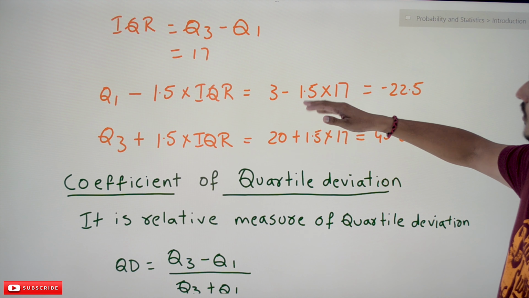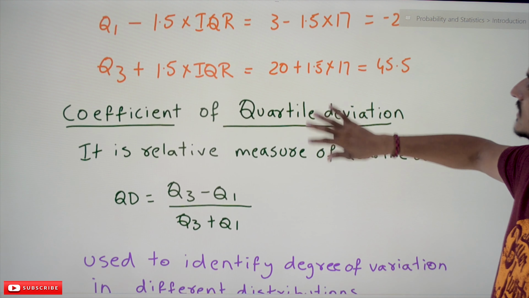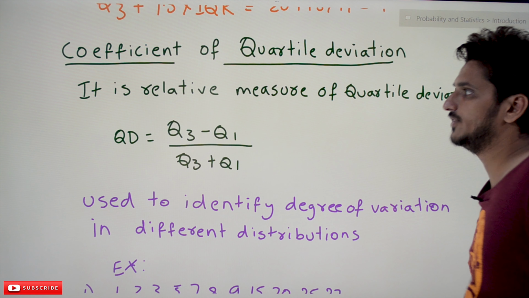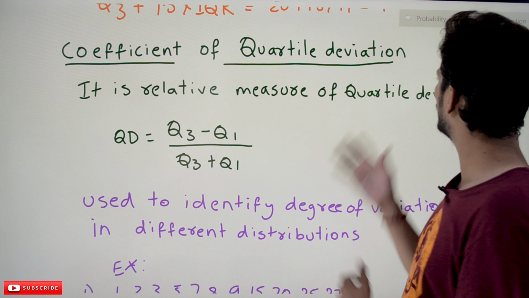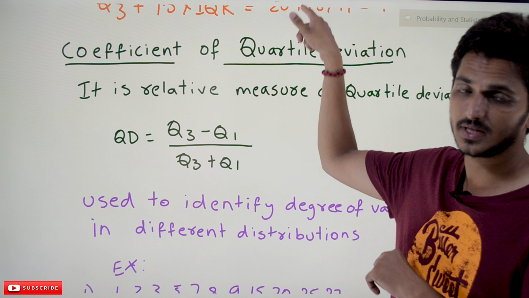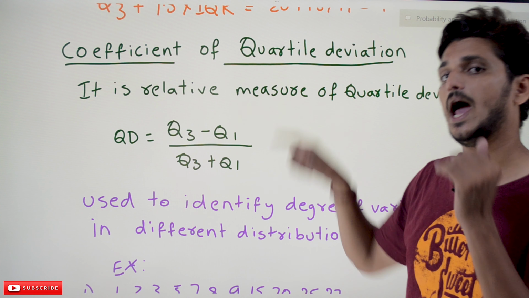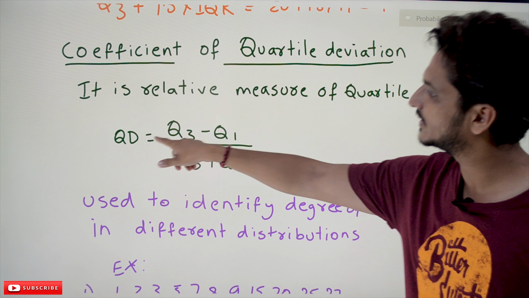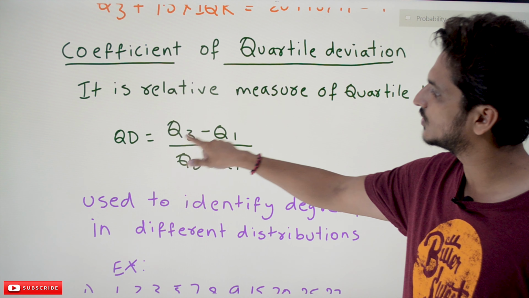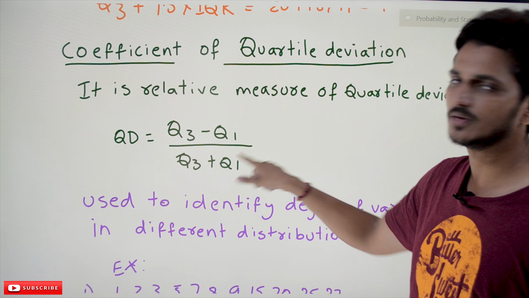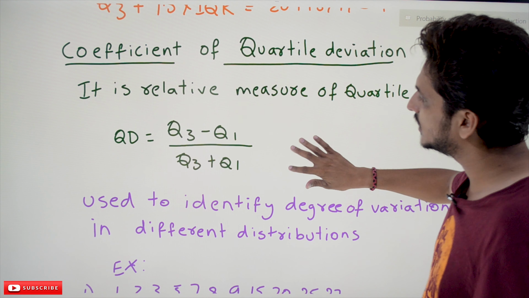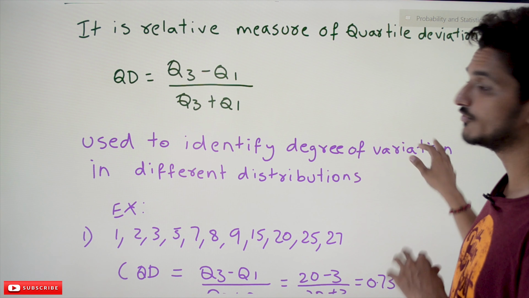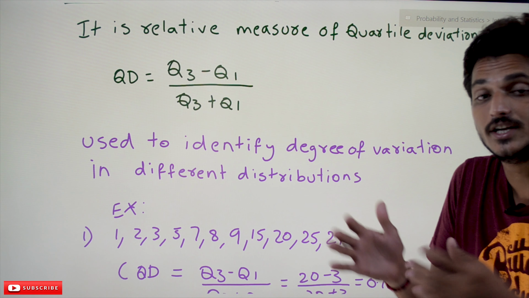One more concept you have to understand based on quartile deviation: the coefficient of quartile deviation. It is a relative measure of quartile deviation. Whatever we measured previously, quartile deviation, is an absolute measure. This is a relative measure. The equation is coefficient of QD is equal to Q3 minus Q1 divided by Q3 plus Q1. We use this relative measure to identify the degree of variation in different distributions.